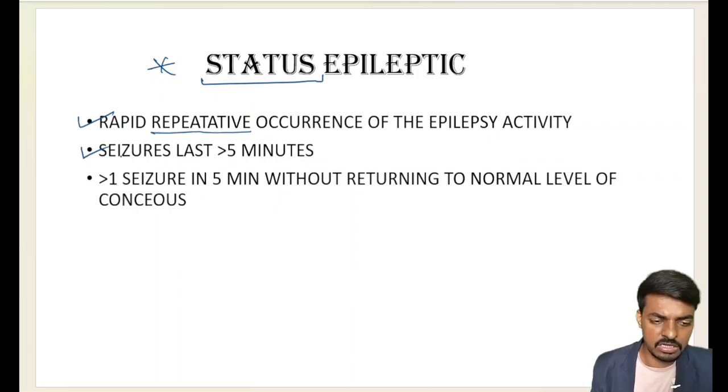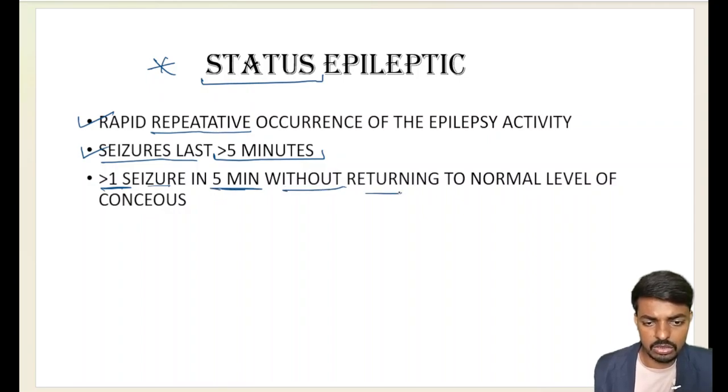In order to diagnose status epilepticus, the seizure or epilepsy occurs for more than 5 minutes duration, and there is more than one seizure activity in the 5 minutes without returning to the normal level of consciousness.